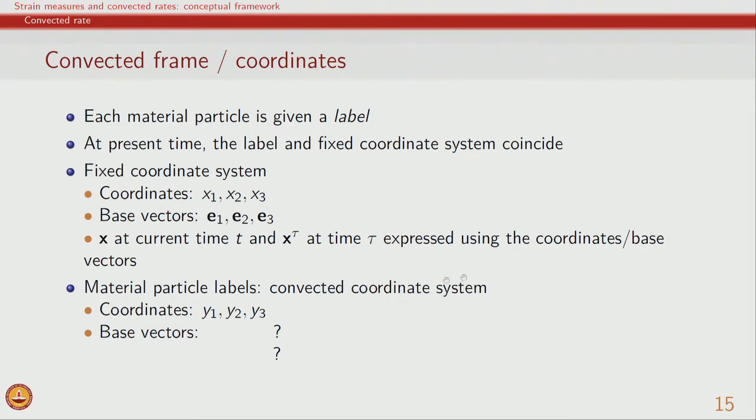Now, we are looking at a convected coordinate system where coordinates have been identified as the material labels which are coinciding with the fixed coordinate system, and now how will the base vectors be described. So, in the next couple of lectures we will look at the definition of these base vectors, and what we will see is, using these base vectors we will be able to capture the deformation.